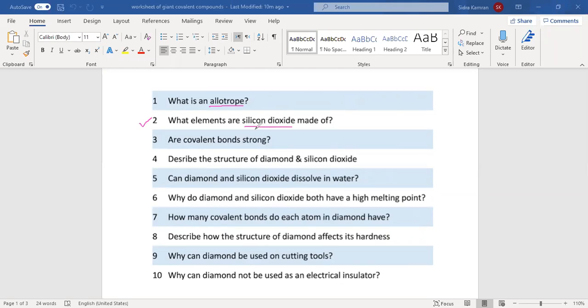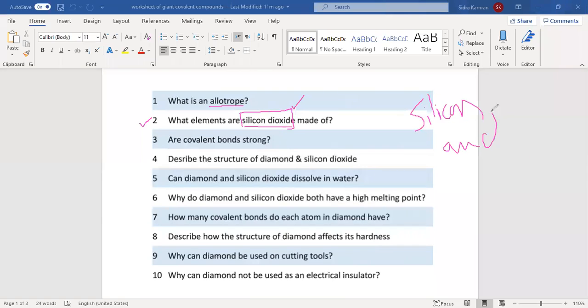Carbon. No, beta, I am talking about silicon dioxide. Musfira, can you answer this? Oxygen. Abdur Rahman, answer this. Silicon and oxygen. Yes, you have to just write 2 words: silicon and oxygen.